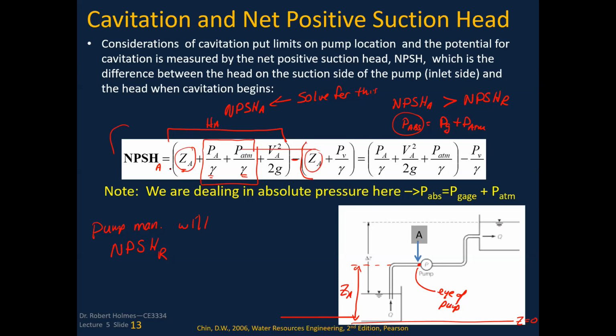Some textbooks just eliminate the ZA altogether, but I like to keep it because I think it emphasizes what we're talking about and results in fewer mistakes. So I've got this subtraction of the location of the eye of the pump, plus the vapor pressure. PV is equal to the vapor pressure of the fluid.